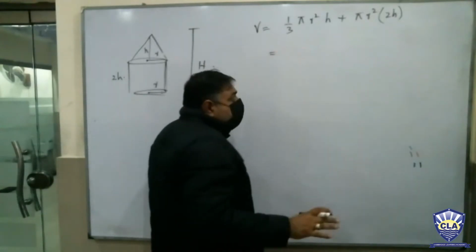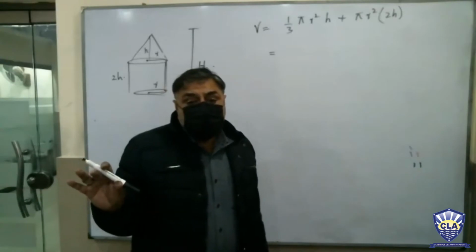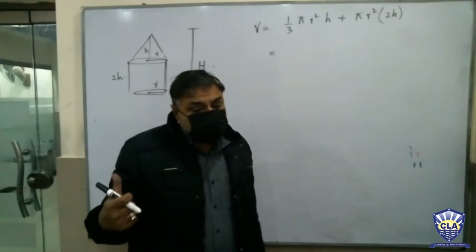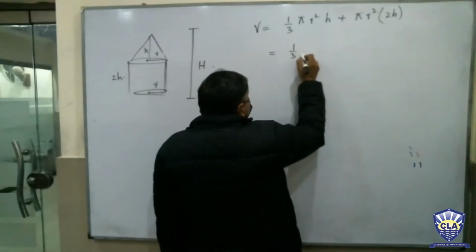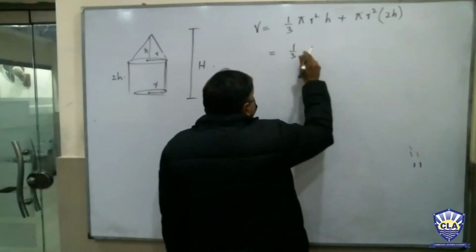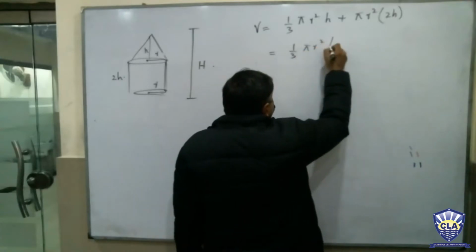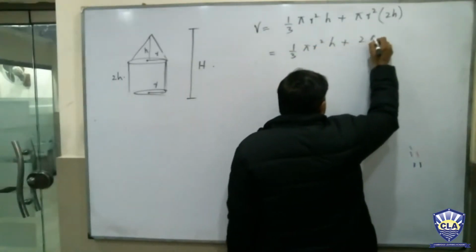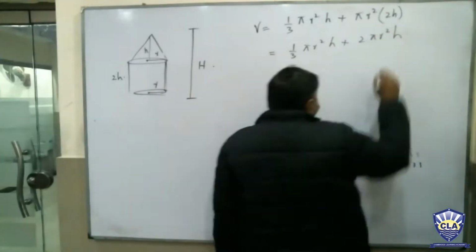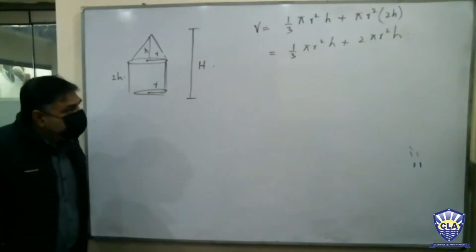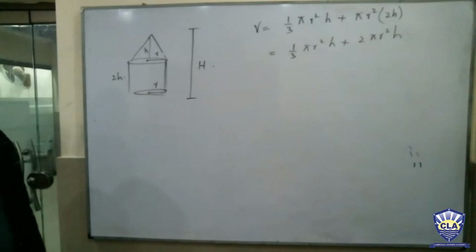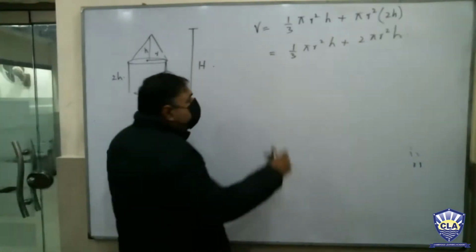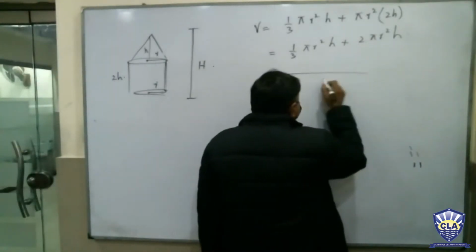So you have to give the answer in terms of capital H. Now, 1/3 pi r square h plus 2 pi r square h, can we simplify that? Yes, we can simplify by taking the LCM.